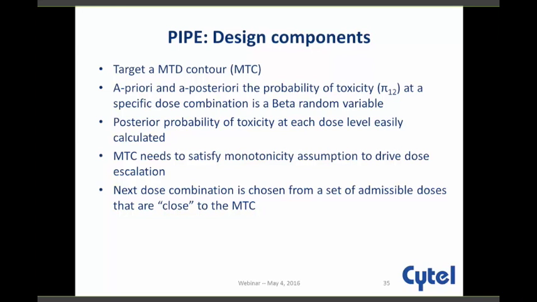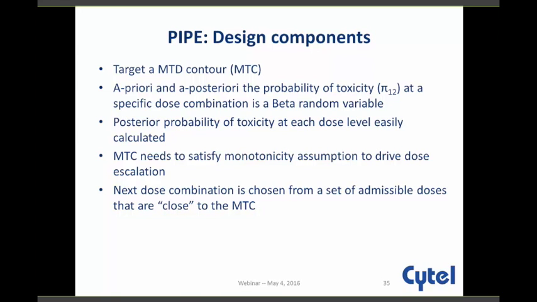And from the conjugacy of the beta distribution to the binomial, the posterior distribution will also be beta. So based on that posterior distribution, you're going to be able to calculate the posterior probability of toxicity at each dose level easily. And then you'll be able to choose the next dose combination by first selecting a set of admissible doses.